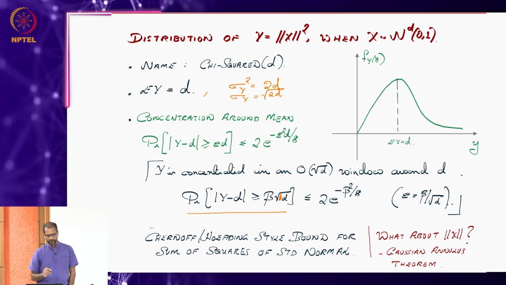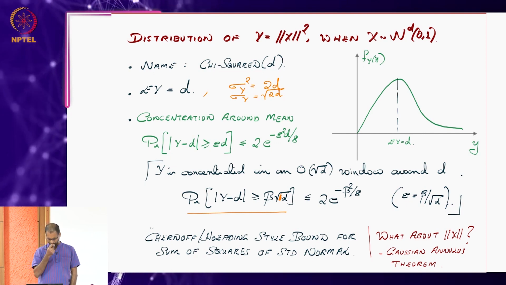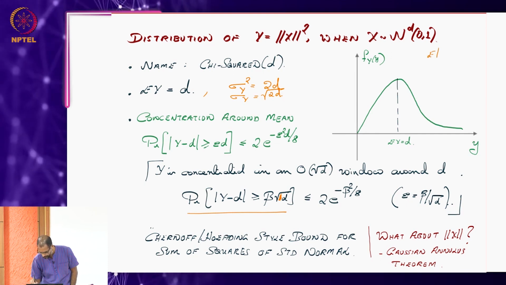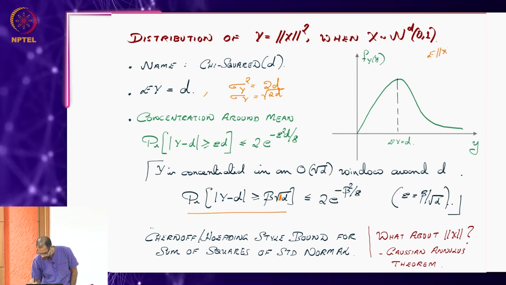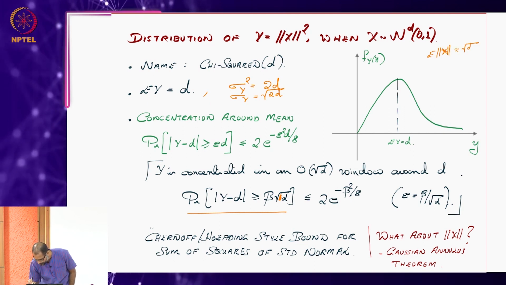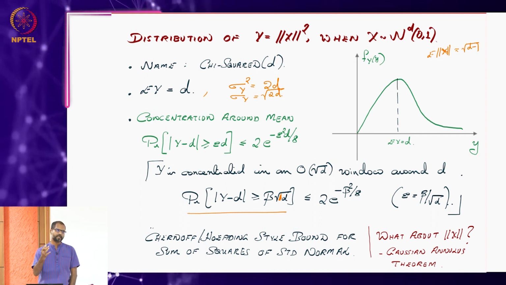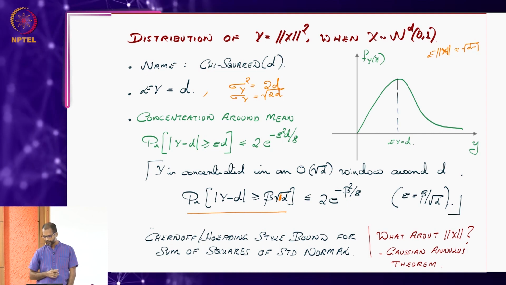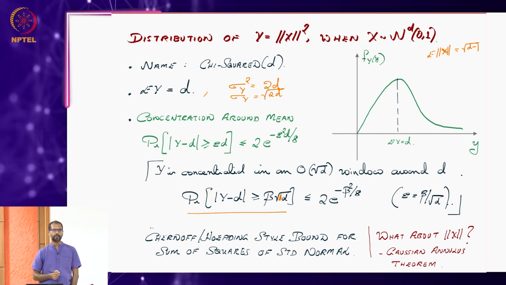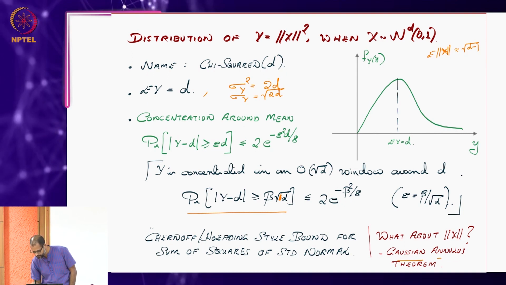But it turns out that if you study the norm, its expectation of norm of x is, if I remember correctly, roughly square root of d minus 1. So, there is an additive error, but it is roughly like square root of d, and you can have a similar concentration result directly for the norm, and that is known by a famous name. It is called the Gaussian annulus theorem.